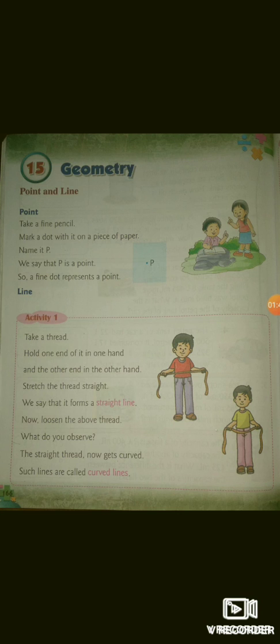Take a thread, hold one end of it in one hand and the other end in the other hand. Stretch the thread straight, means you have to pull both the ends. We say that it forms a straight line.